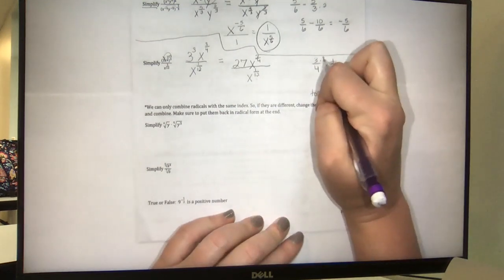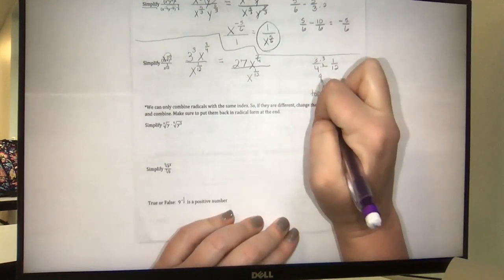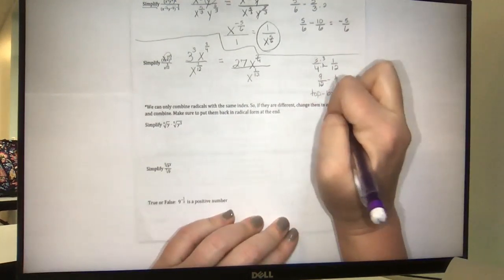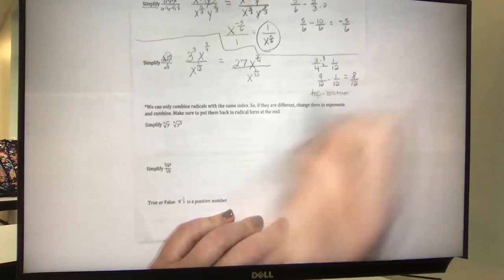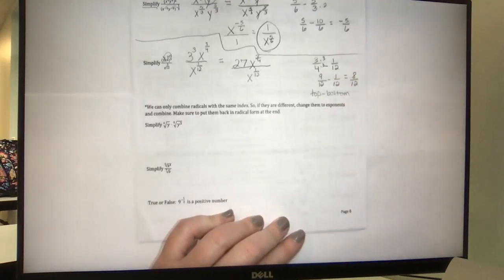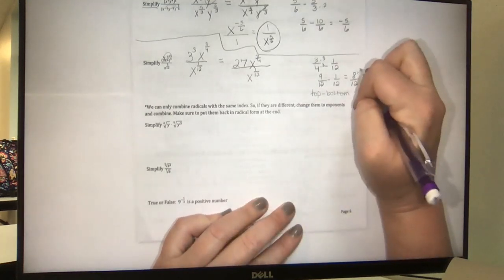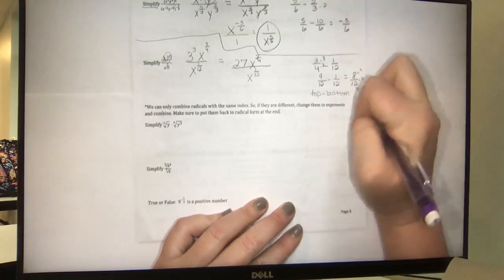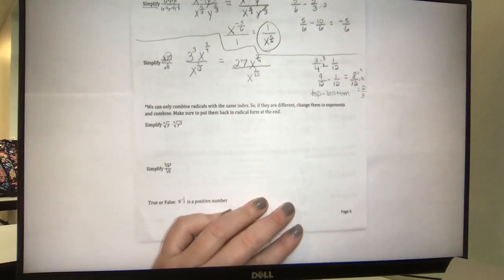So I'm gonna multiply this guy, top and bottom, by 3 and get 9/12 minus 1/12 is a nice little 8/12, okay? I can reduce 8/12 if I divide top and bottom by 4. That reduces nicely to 2/3.